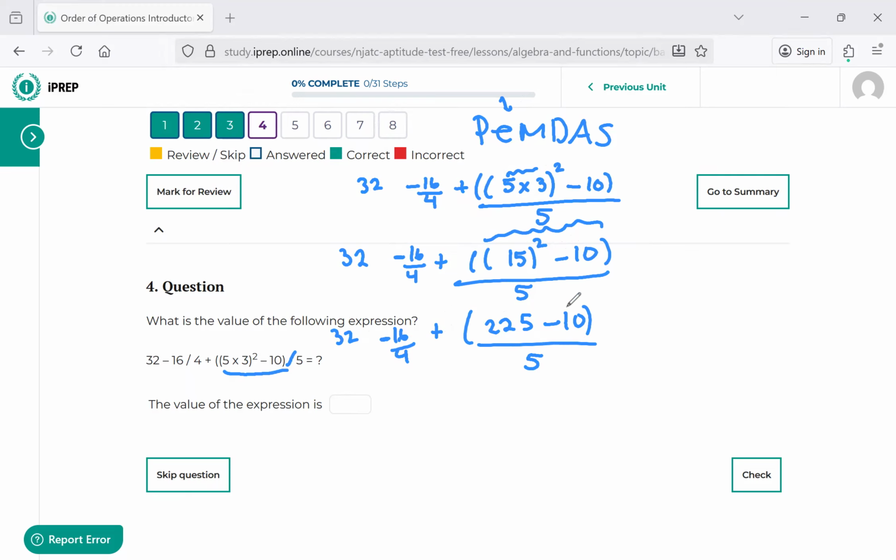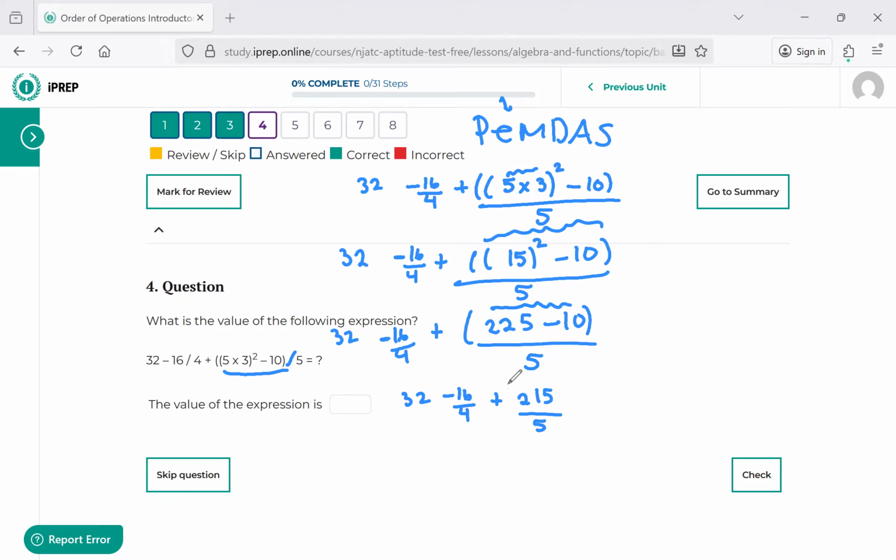Then in this inner parentheses, just one more order of operation, which is subtraction. So 225 minus 10 is 215. Okay, so we did our exponents.